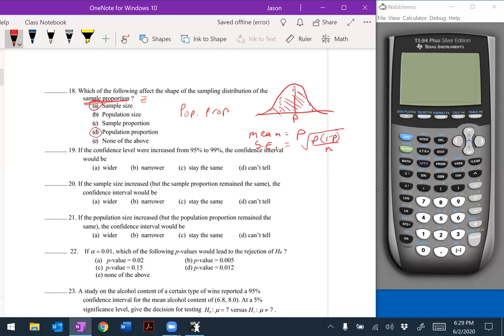The population size doesn't matter. The sample proportion will give us a z-score, but that just tells us what the value of p hat is, not the shape. Only the sample size and the population proportion do. So it's A and D.